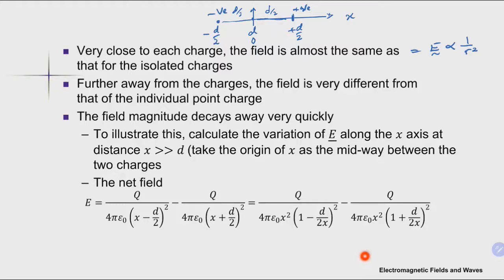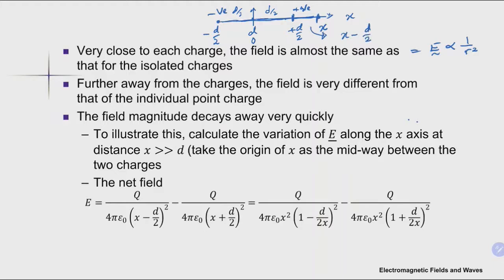So if I want to work out the electric field here at some distance x, then I will have an influence due to each charge. Here the distance will be x minus d over 2.